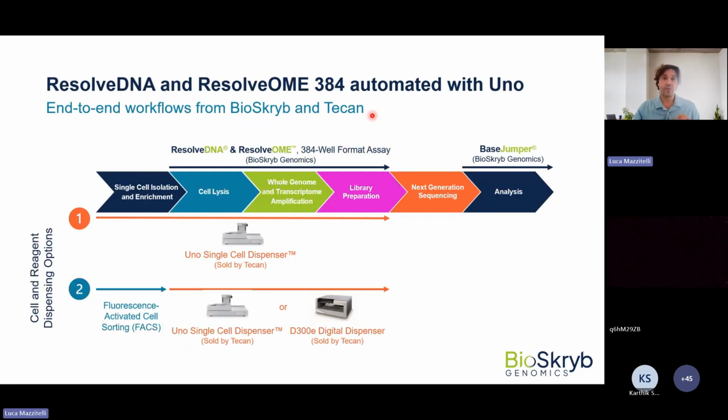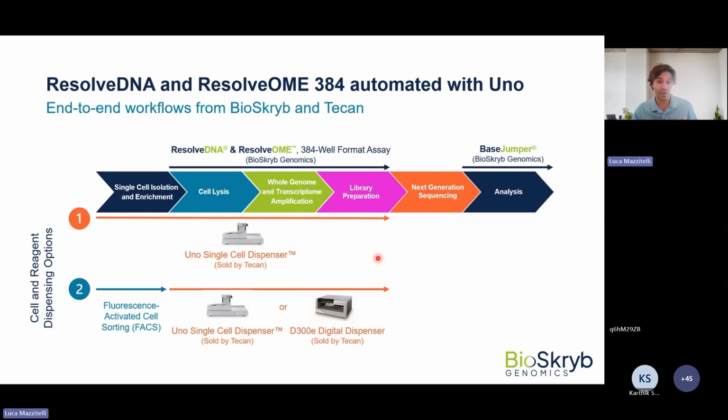ResolveDNA and ResolveOME are both coming in 2 versions. One is the manual version, in a 96 reaction format, but we also have the 384 format, which can be automated with the Tecan Uno, in order to perform all the different steps of cell lysis, whole genome and transcriptome amplification, and library prep.